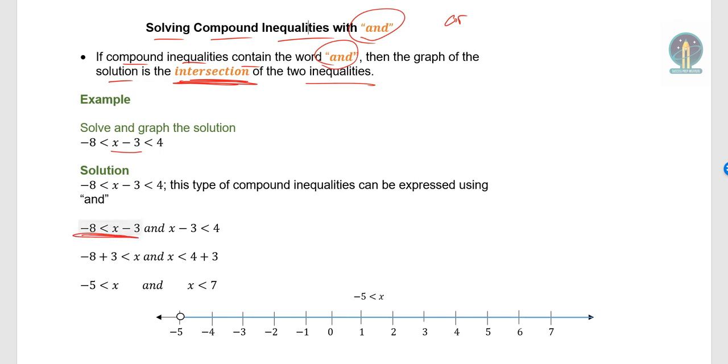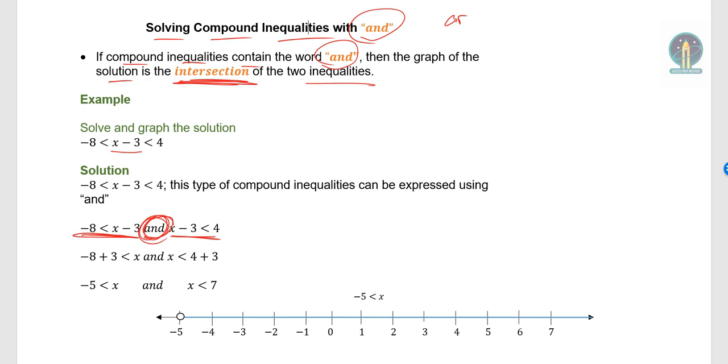This is one part of the expression. And x minus 3 is less than 4. So both of these parts of the full expression have to hold at the same time. They're joined by the and word, or the and operand.